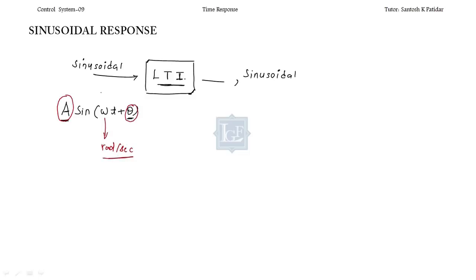If you apply this input to an LTI system, it will give the same sinusoidal response, and in the response you will get the output A multiplied by M, the function is the same, the frequency is the same, with phase theta plus phi m. So you can see, initially the amplitude was A, but in the output you have a modified amplitude, A multiplied by M.